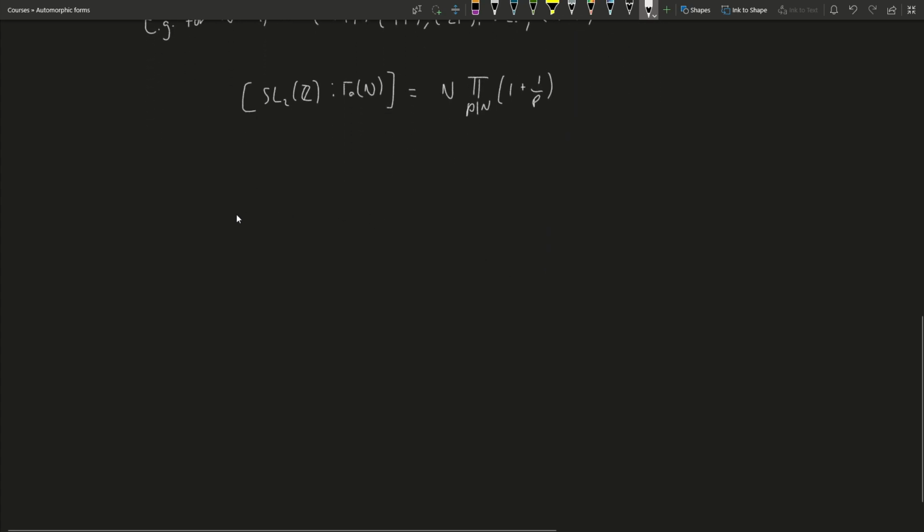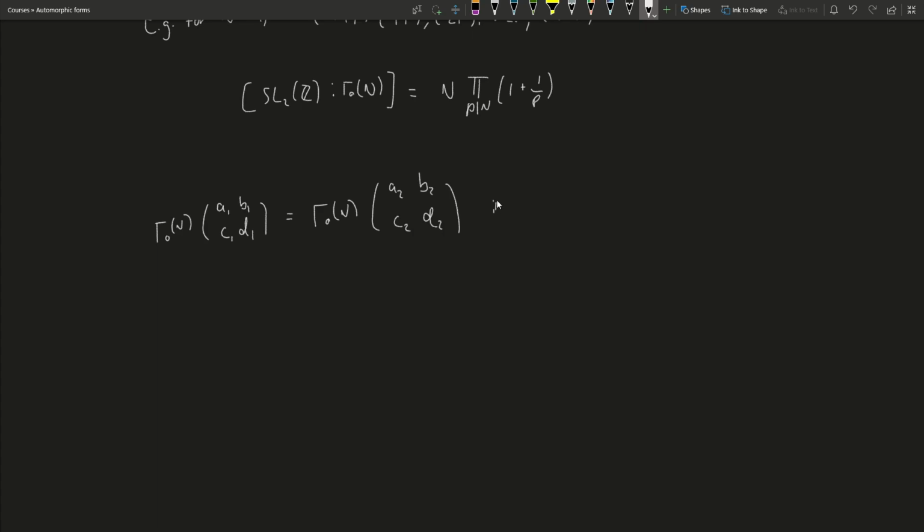So gamma naught N of, let's say, (a1, b1, c1, d1) is equal to gamma naught N of (a2, b2, c2, d2).